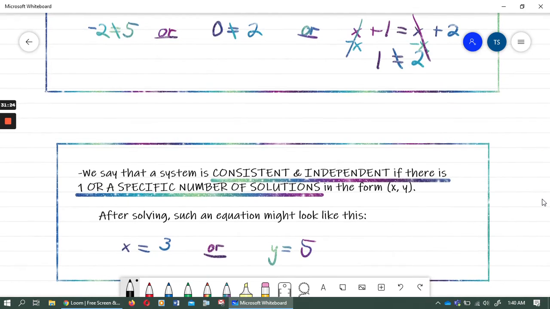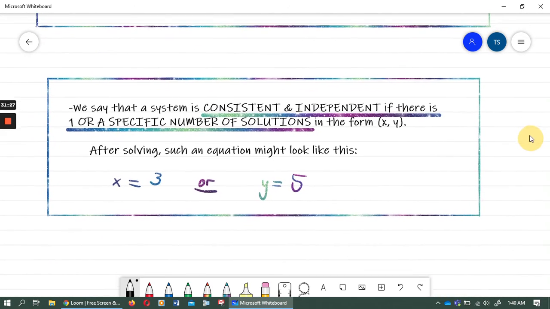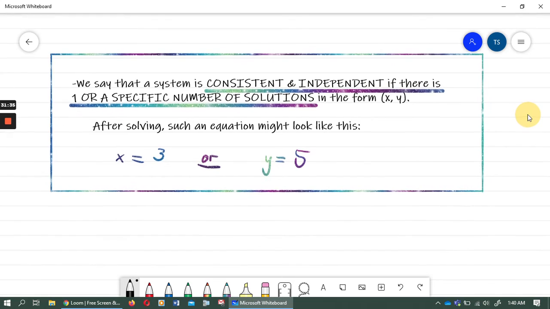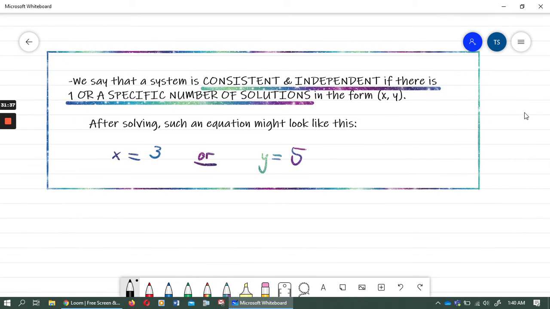The next type of system is consistent. And guys, there are actually two types of consistent systems, but the type we're talking about here is consistent and independent. So, folks, we say that a system is consistent and independent if there is one or a specific finite number of solutions.